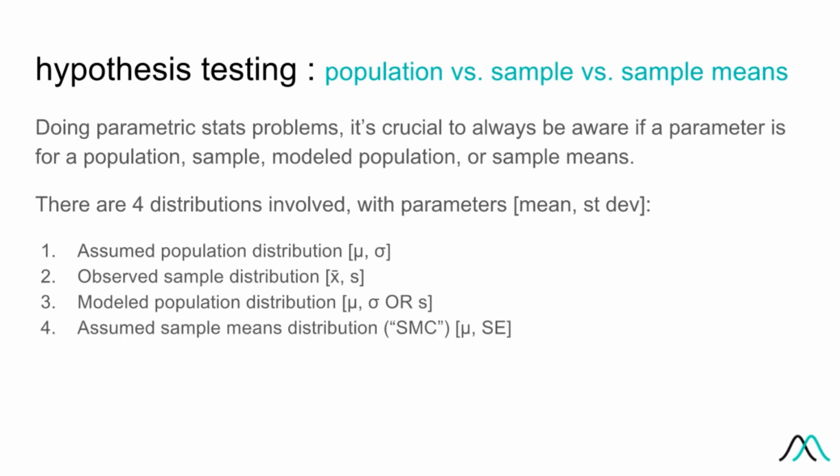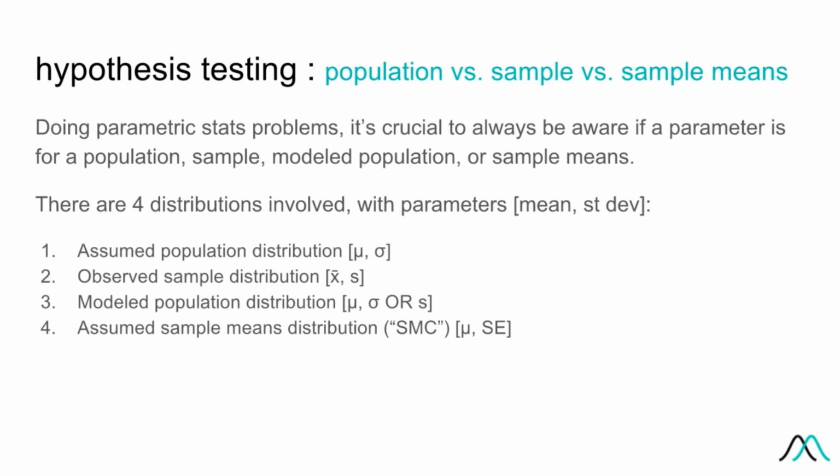Fourth, you have the assumed sample means distribution, or what we've been calling the SMC. It has a center mu, but then has a standard deviation we call standard error, which is the assumed standard deviation, s or sigma, over the square root of n. The SMC, of course, is derived from the population model, and itself models the means of samples taken from the population.